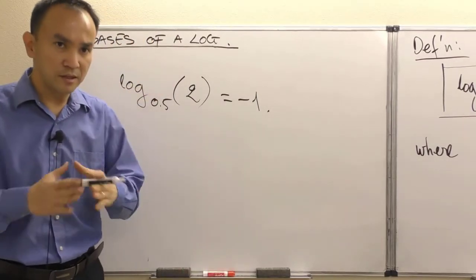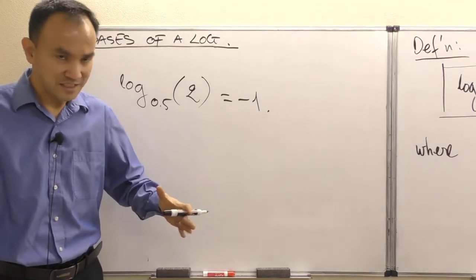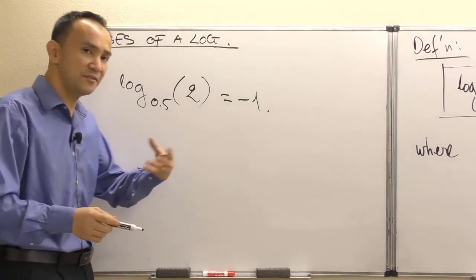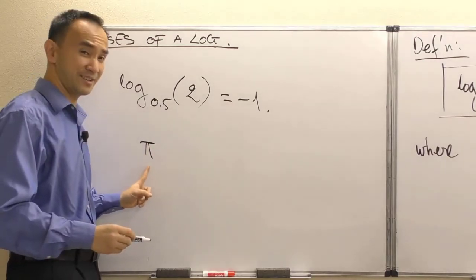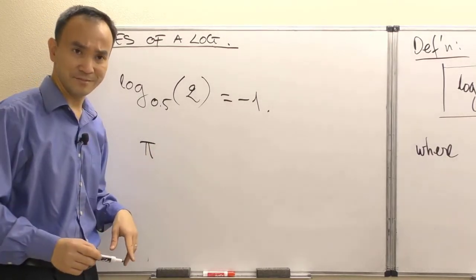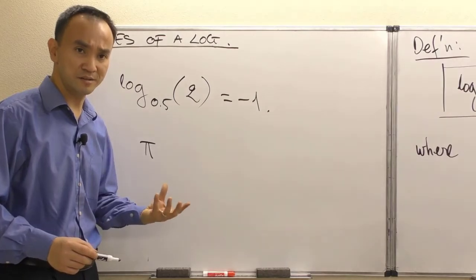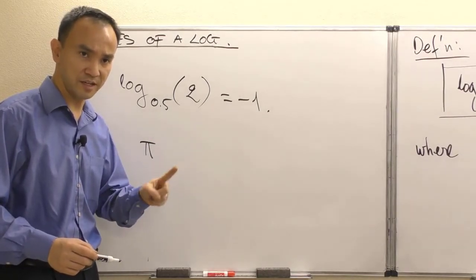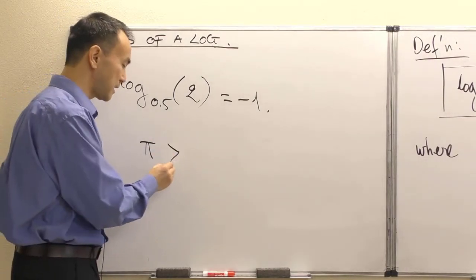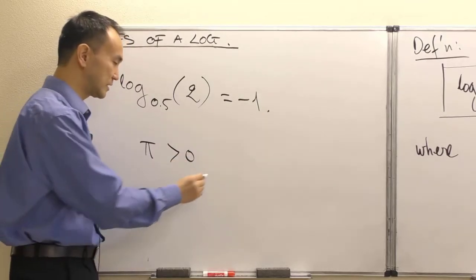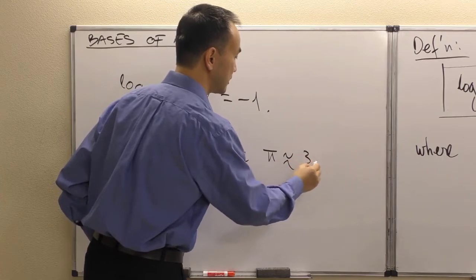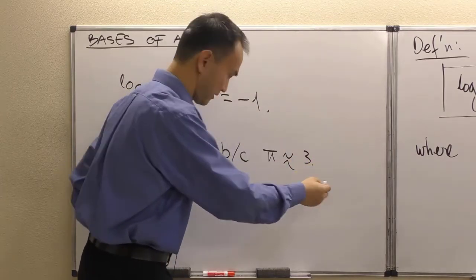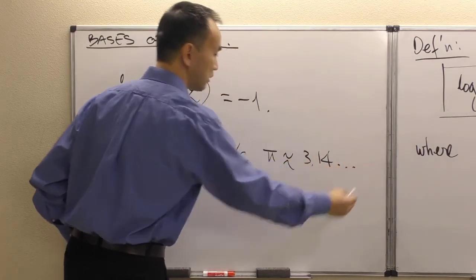Theoretically speaking, even an ugly value, as ugly as pi right here, can be a base, as long as the number is positive and other than 1. Pi is positive because pi is approximately, we learned this since 3rd or 4th grade, 3.14 and a lot longer.